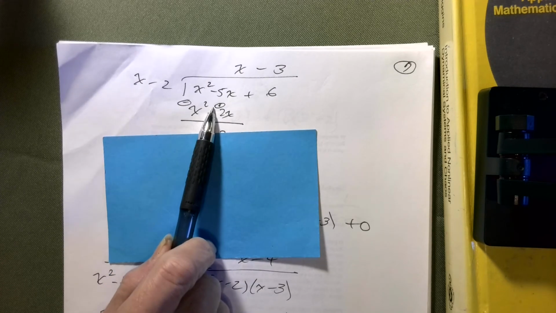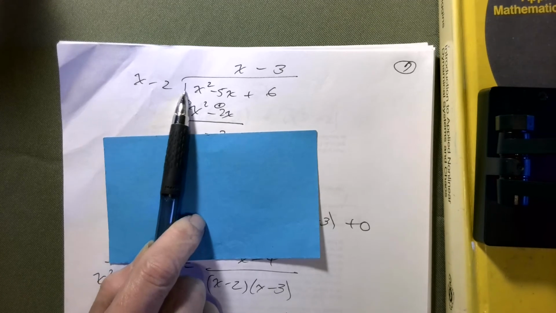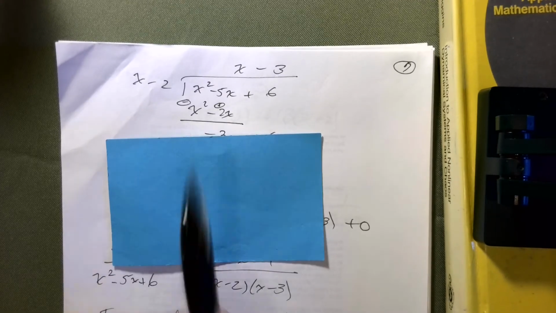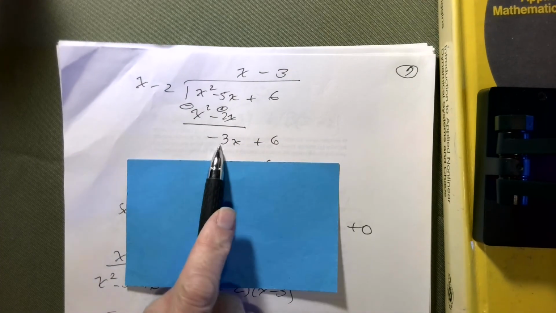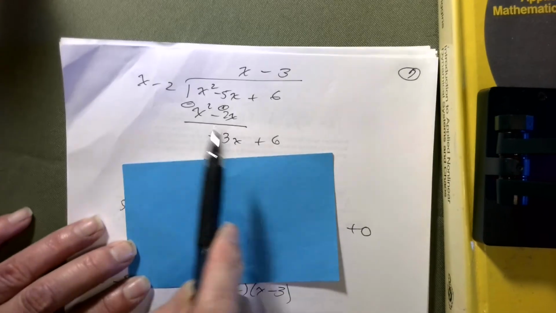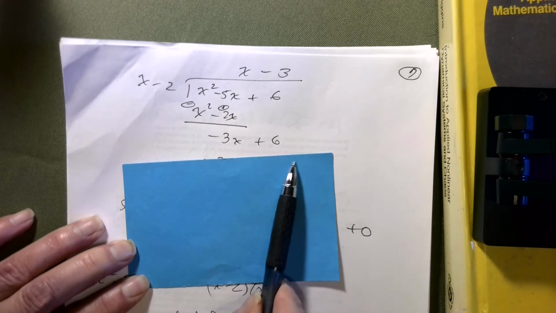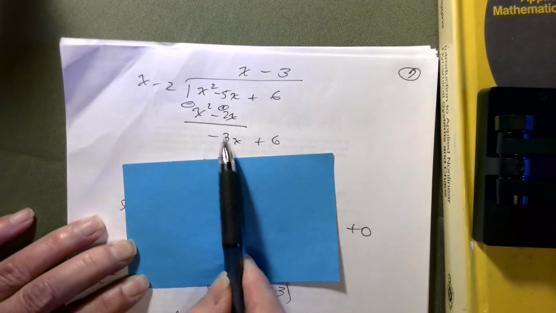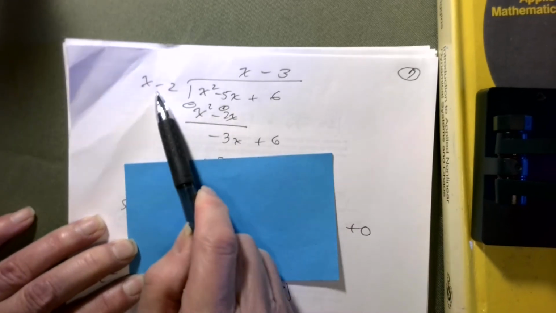What was negative becomes positive. The x squareds have canceled. And I'm left with minus 5 plus 2, which is a negative 3x. So now I have a 1-digit number, but I have a 2-digit object. So I bring down the 6, and I ask, what do I have to multiply x by to get me a negative 3x? I put a negative 3, and I multiply everybody.